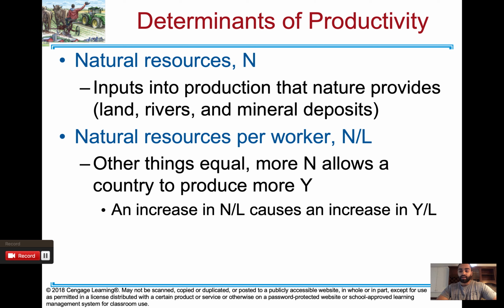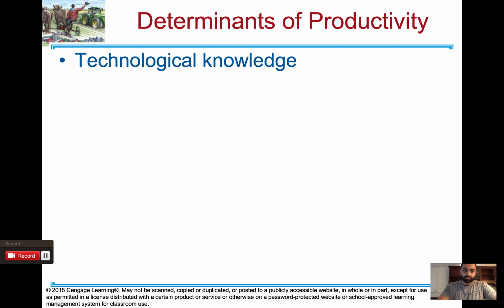If you have an abundant amount of trees, you're going to be able to produce much more per worker. So again, the more natural resources you have access to, the more you can produce. You need natural resources to produce your product, whether it be land. The more land you have available, the more you can produce. Let's just say you're a farming country. The more access to arable land, the more you can produce in the long run.